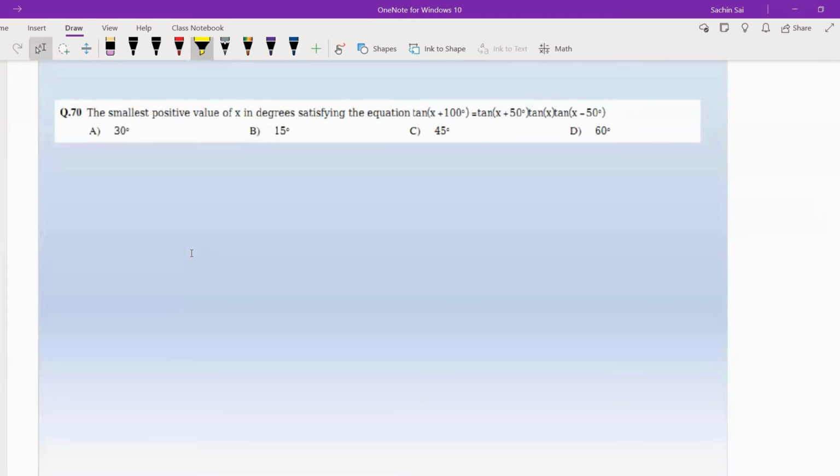Question 70, the smallest positive value of x in degrees, satisfying the equation tan of (x plus 100 degrees) equals tan of (x plus 50) tan of x tan of (x minus 50).